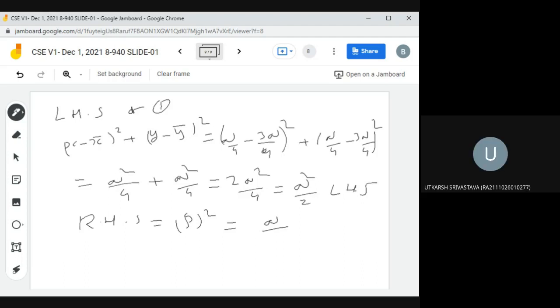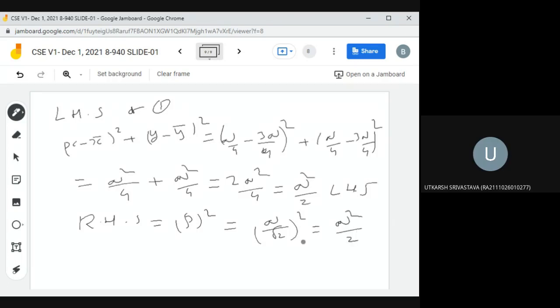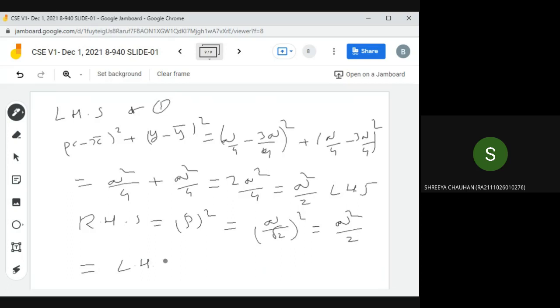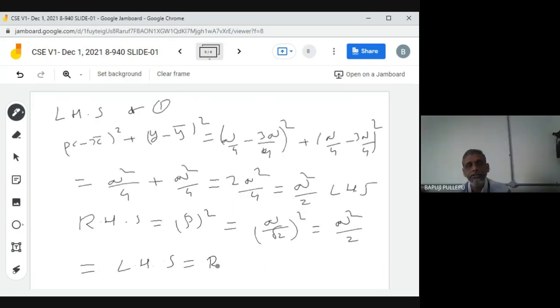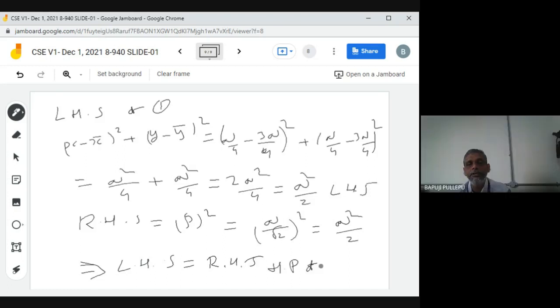A by root 2, whole square, so this is equal to a square by 2. From this, what you understand? LHS is equal to RHS. Hence, it is the circle of curvature.